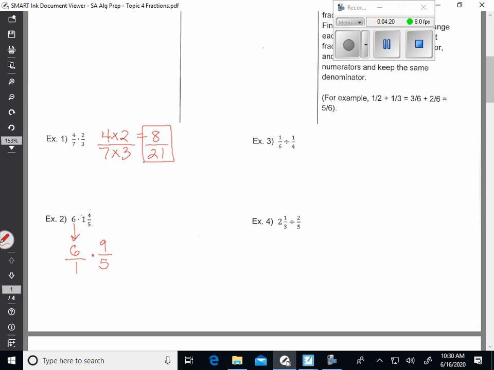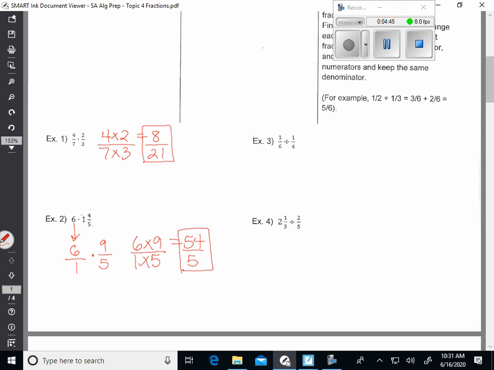So now everything is set up to go for our multiplication. 6 times 9, which will give you 54. 1 times 5, which gives you 5. So you have 54 over 5. 54 over 5 cannot be reduced, so this is your final answer.